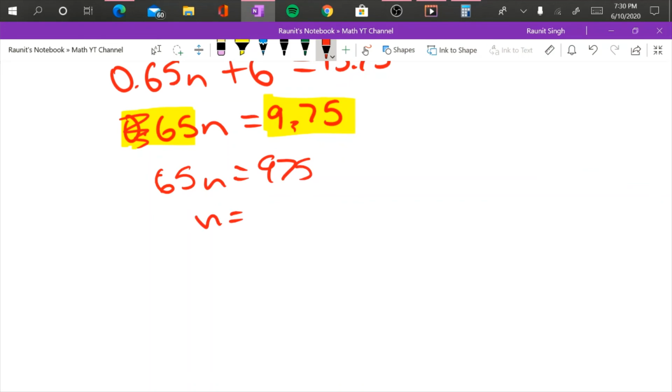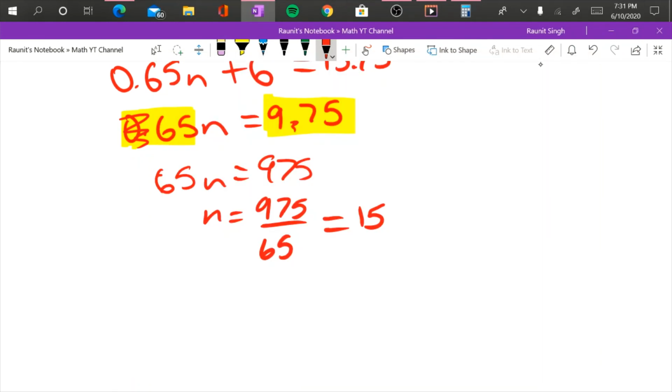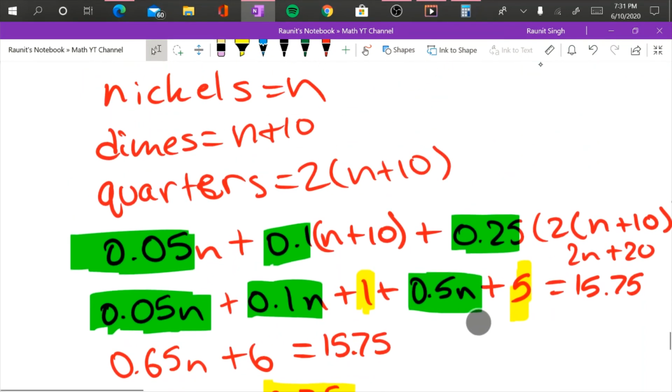So n is equal to 975 over 65, which is equal to 15. Let's check on the calculator: 975 divided by 65 is 15. Okay, good. Now we can substitute that.